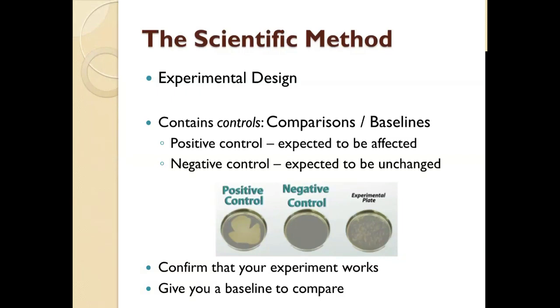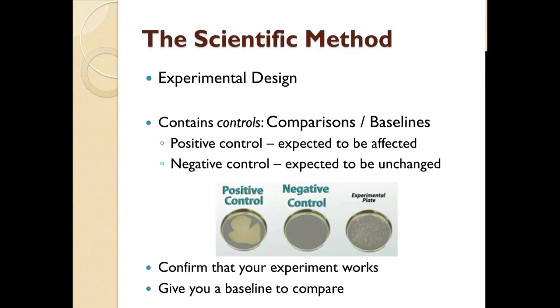The idea behind a positive control is, in this instance, we know for sure something's going to happen. A change will occur. In the negative control, we know for sure that nothing should take place here. This provides us proof that our model, that our entire experimental setup makes sense, that it works.